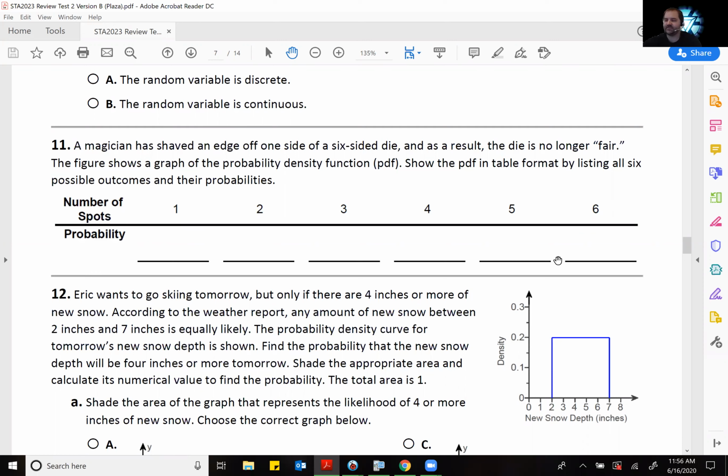Sorry, I'm just making the table real quick for when we come back to it. Oops. Okay. Ah, that's horrible.